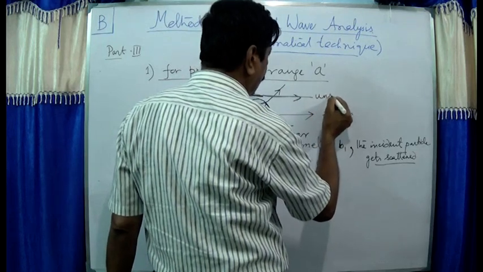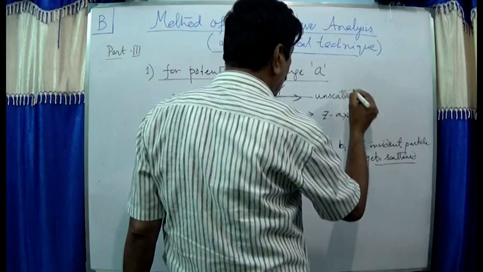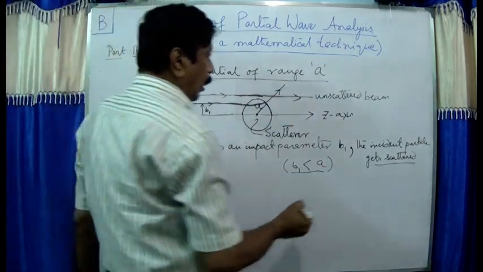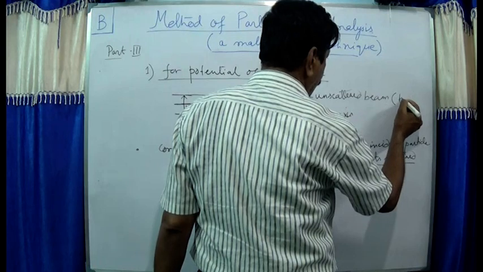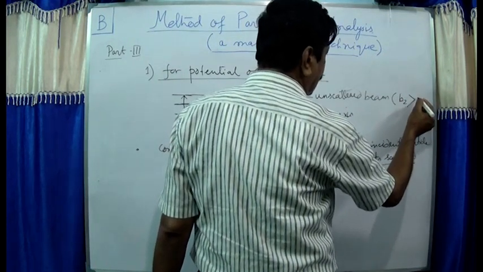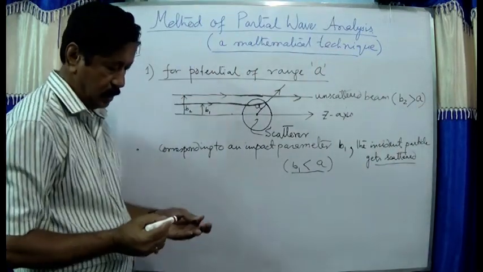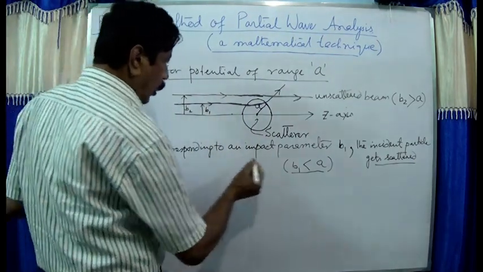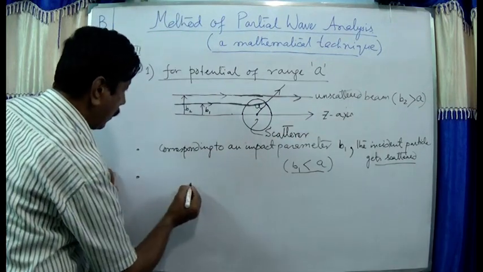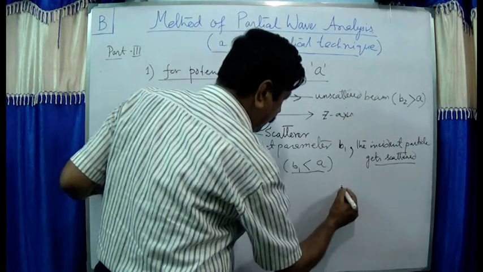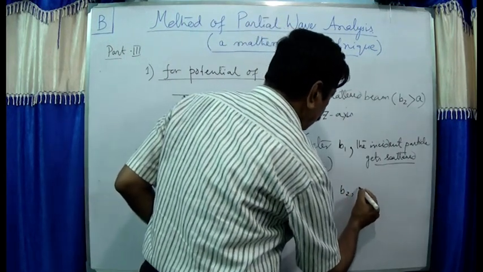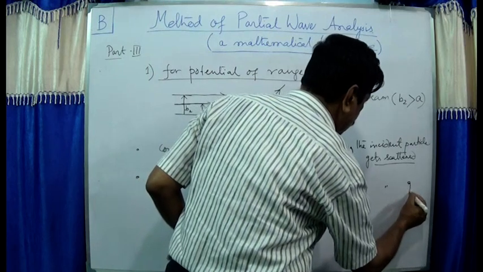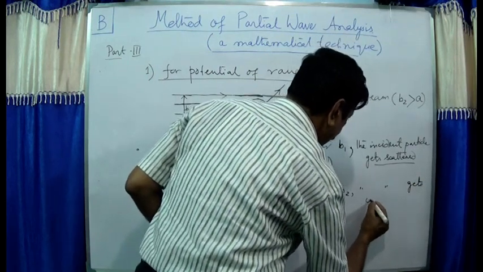So it is your unscattered beam corresponding to B2, which is greater than A, and corresponding to impact parameter B2, incident particle gets unscattered.